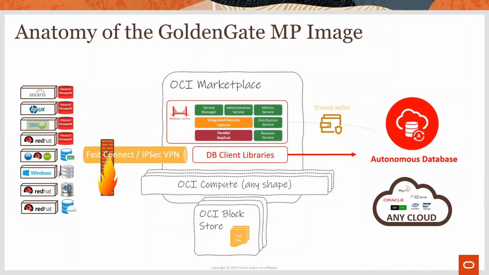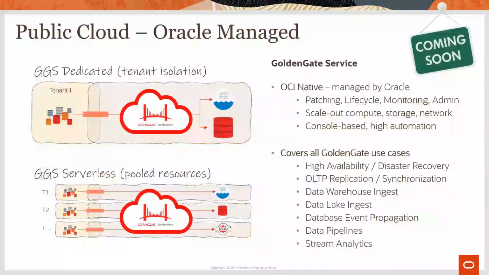So if somebody's using, for example, the free edition of Oracle Autonomous Database and they want to replicate data from their on-premise database into Oracle Autonomous Database, you can use this marketplace image for Oracle GoldenGate pretty quickly. It has all the client libraries packaged in, and it has all the shared wallet integrations built in as well. So it's a great, quick and easy way to get started.